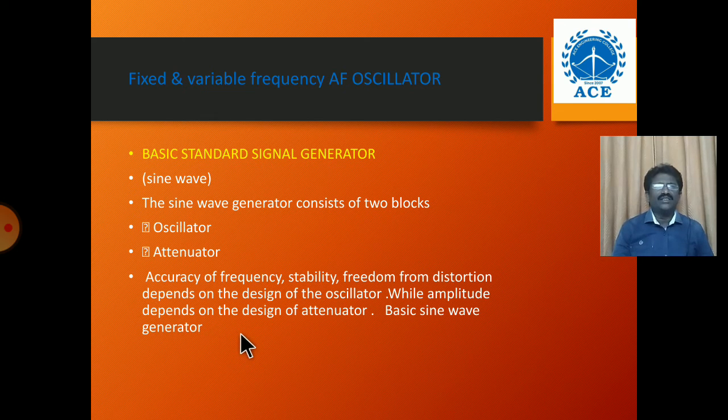Your basic standard signal generator is a sine wave generator. The sine wave generator consists of two blocks: one is the oscillator and the other one is the attenuator. Accuracy of frequency, stability, and freedom from distortion depend on the design of the oscillator, while amplitude depends on the design of the attenuator.